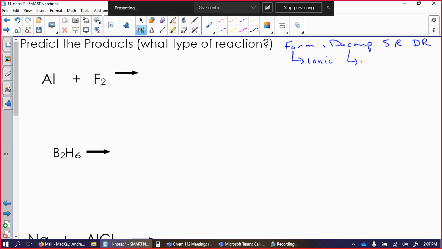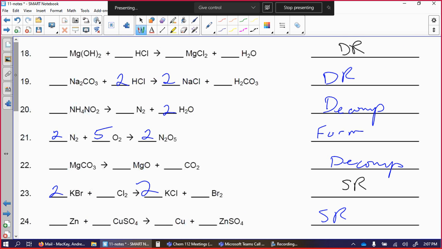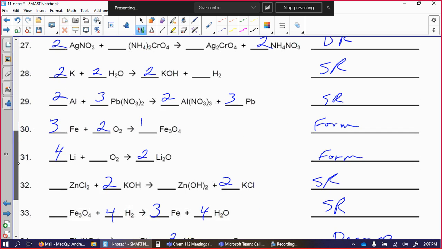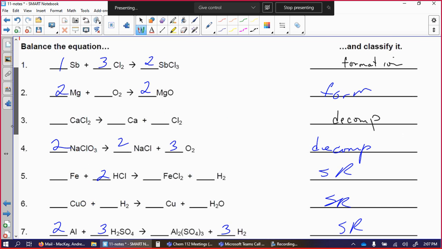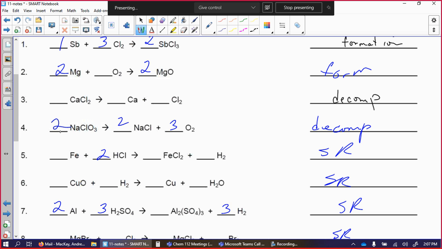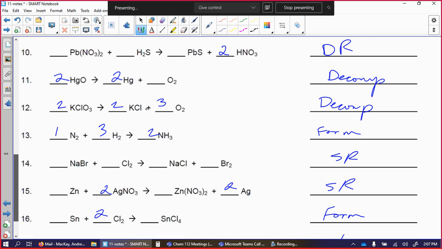Decomposition falls apart into elements. We're not going to worry about, there are some decomposition reactions. There's kind of a famous one that was in here. Oh, here we go. Potassium chlorate is an ionic compound. It's a white solid.